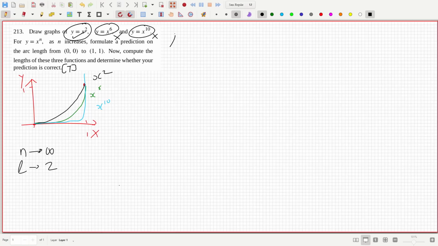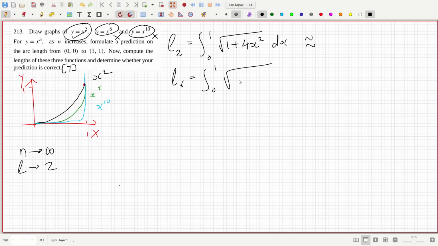So for the first one, let's call it L2. That'll be the integral from 0 to 1 of root 1 plus 4x squared dx, which is roughly equal to, and I'll get that one now. And then for L6, it'll be 0 to 1 root 1 plus the derivative squared, so 6 squared, and then x^5 squared.